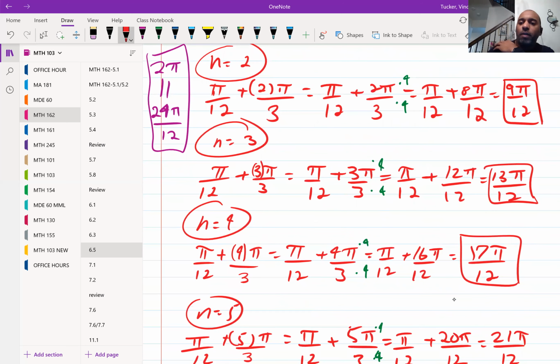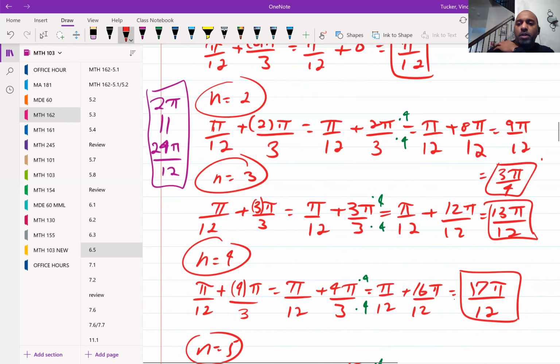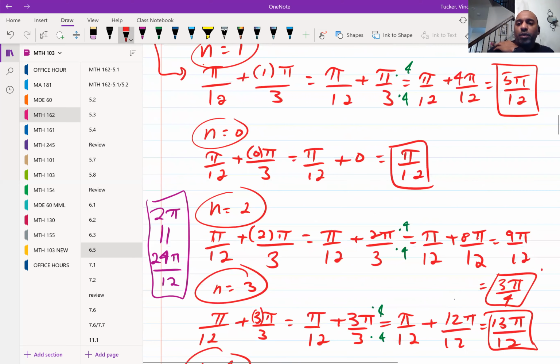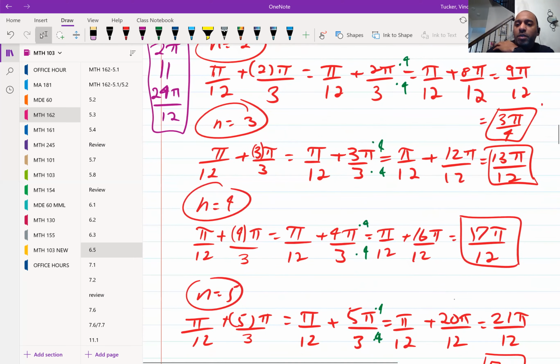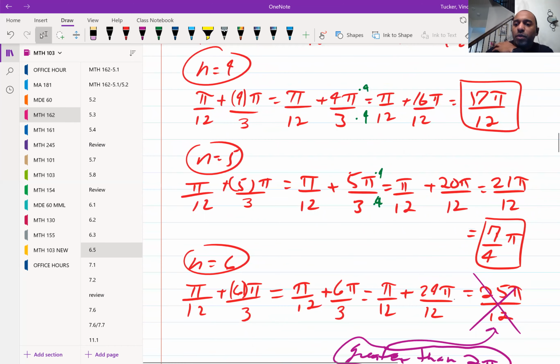I guess I can go ahead and write it. 3 pi over 4. All right. Yep. So we got 5 pi over 12, pi over 12, 3 pi over 4, 13 pi over 12, 17 pi over 12, 21 over 12. Take that 3 out, 7 over 4.